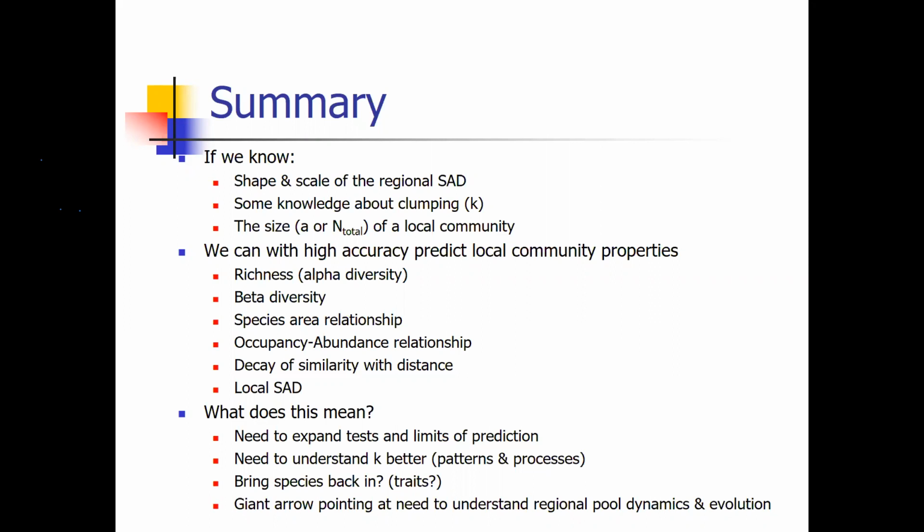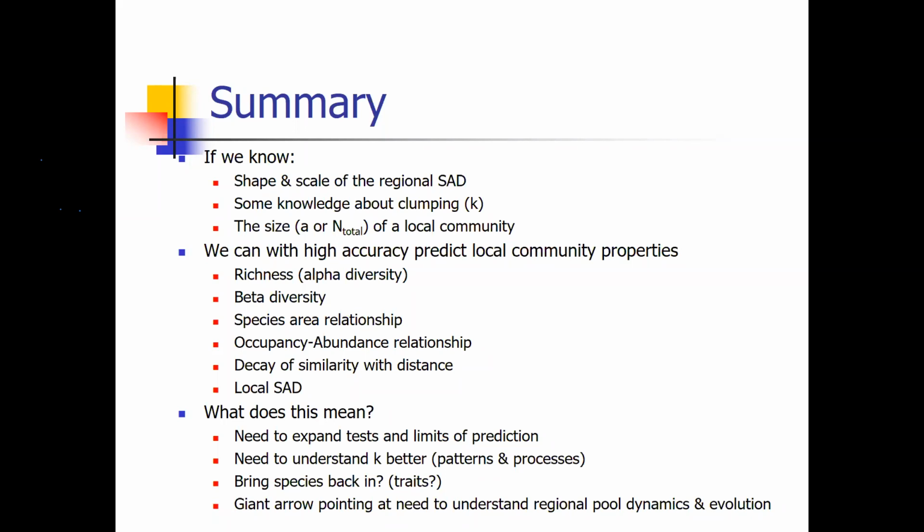And we can predict alpha diversity, beta diversity, scale dependence of alpha diversity or species area relationships, occupancy abundance relationships, decay of similarity with distance. And I haven't shown you this, but local species abundance distributions. That's a pretty big hit list for the patterns of macroecology and community ecologists want to understand. And they all can be produced by marble sampling.